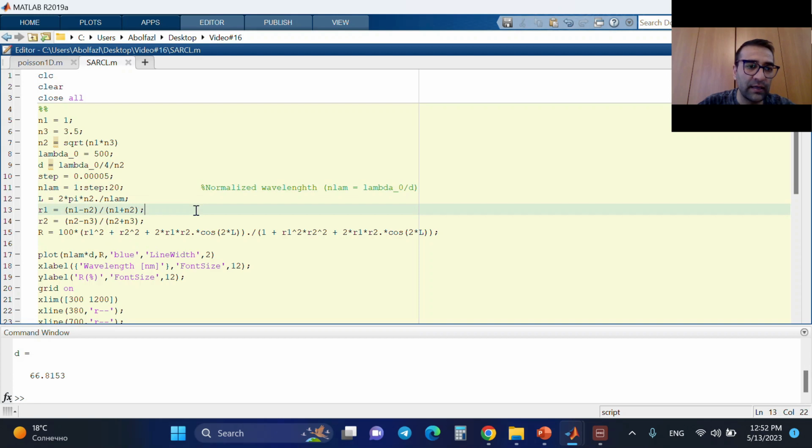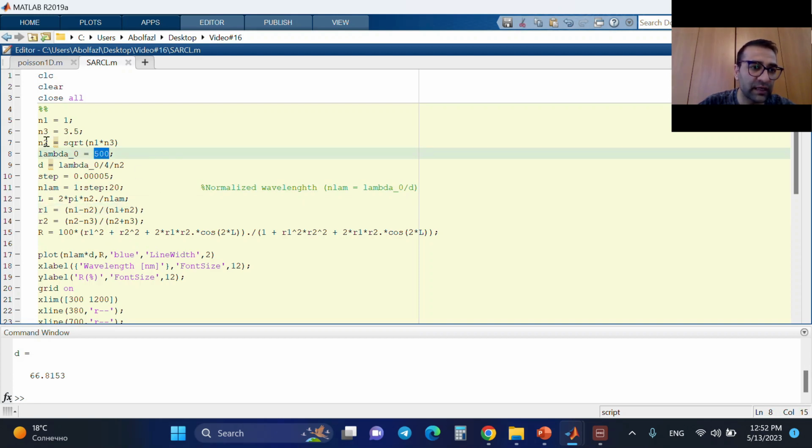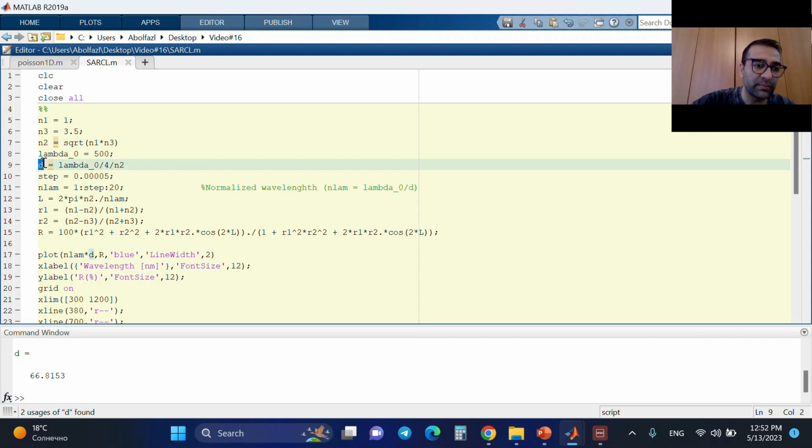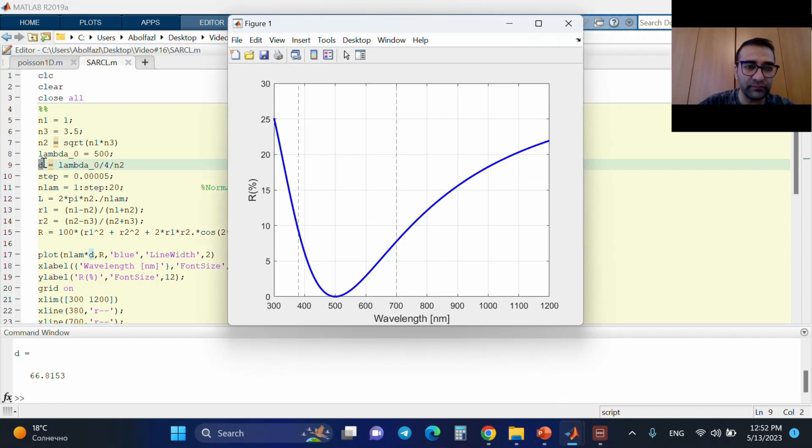Therefore, let's see, do we have zero reflection at 500 nanometers when we have defined this condition for the refractive index of the second layer and for the thickness of the second layer? By pressing F5, you see the plot for the reflectance at different wavelengths, and I just plotted two vertical lines, one at 380 and the other at 700.